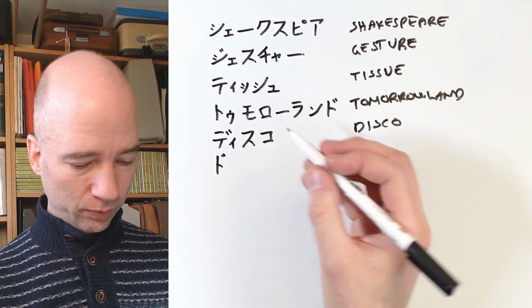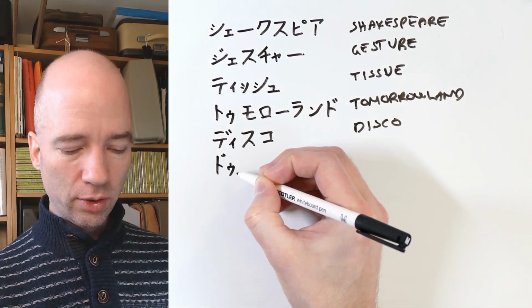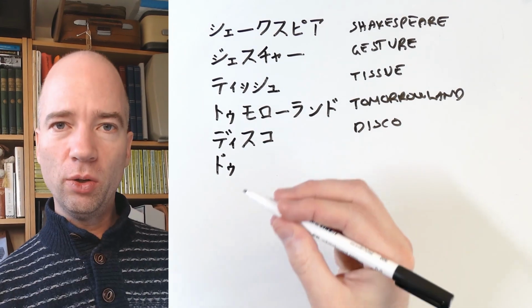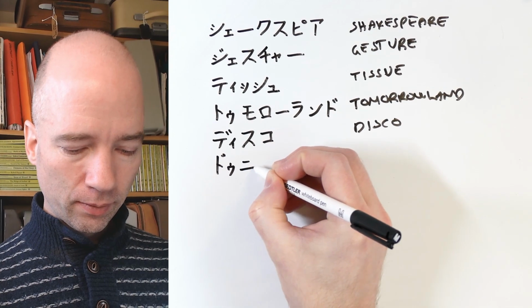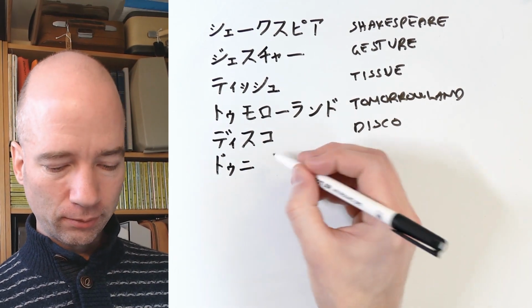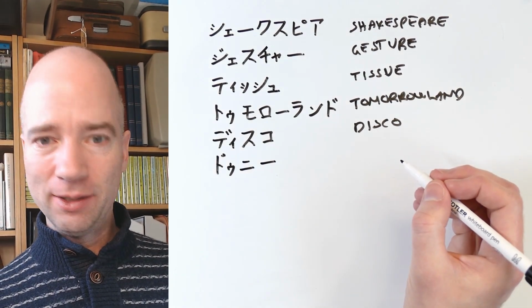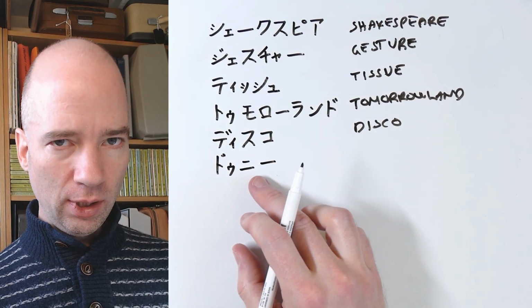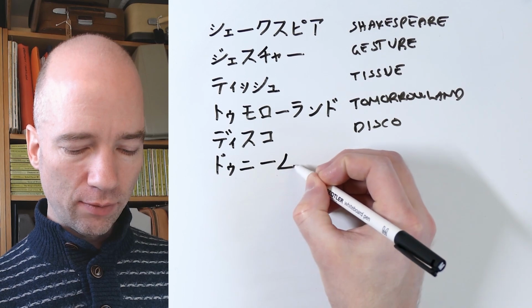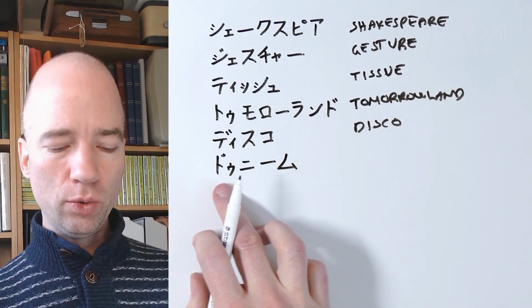Do plus a small u becomes do. Ni, so do ni, and then we have mu, do ni mu.